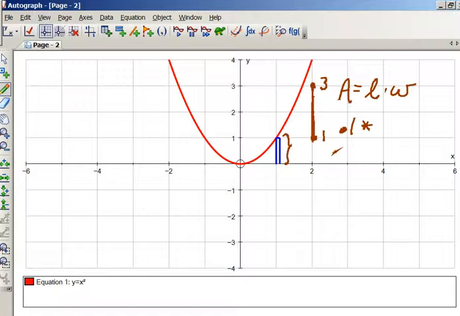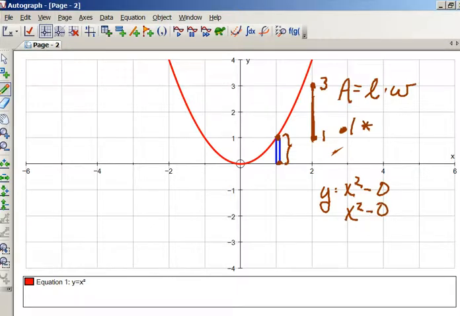Likewise, on the little blue rectangle, the y-coordinate on the top is equal to the function x squared. So y equals x squared is the top point. The y-coordinate on the bottom is 0. So the height of the blue rectangle is x squared minus 0.